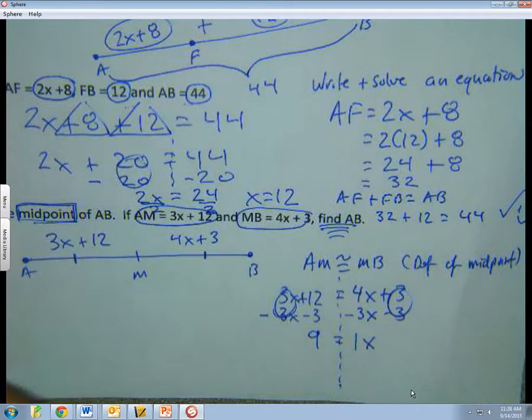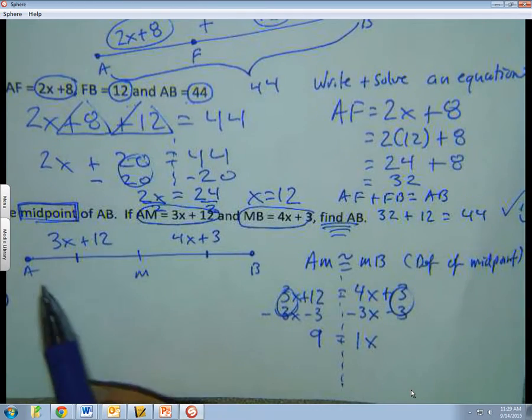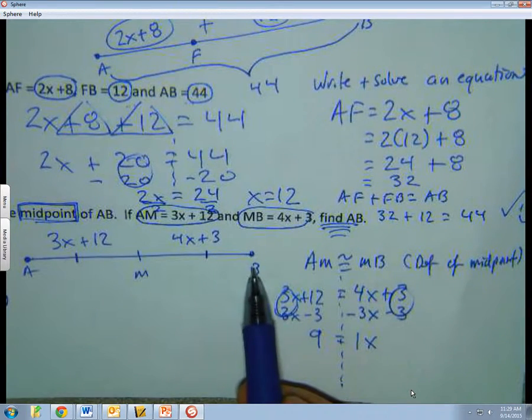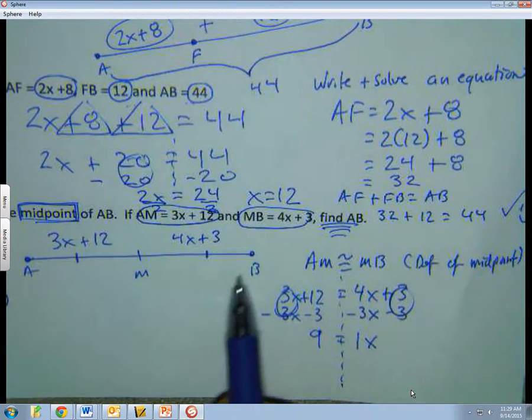Now, of course, we're not quite done yet, because we have to do a little more plug and chug. So 9 equals 1x. We need to find AB. So to do that, I'm going to find one of the halves and then just double it because it's a midpoint.